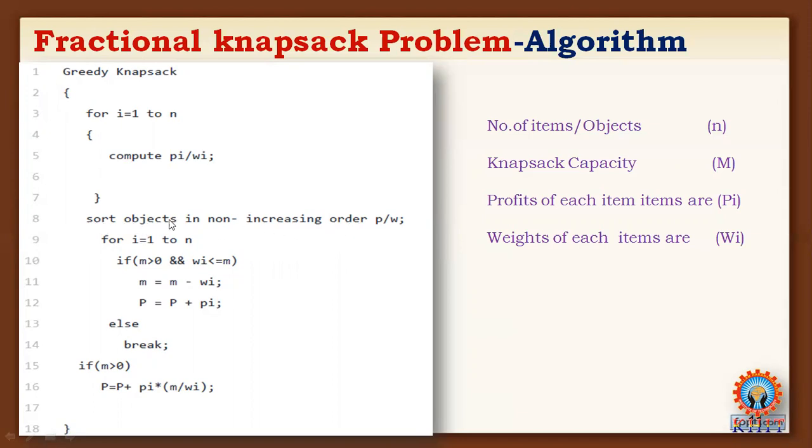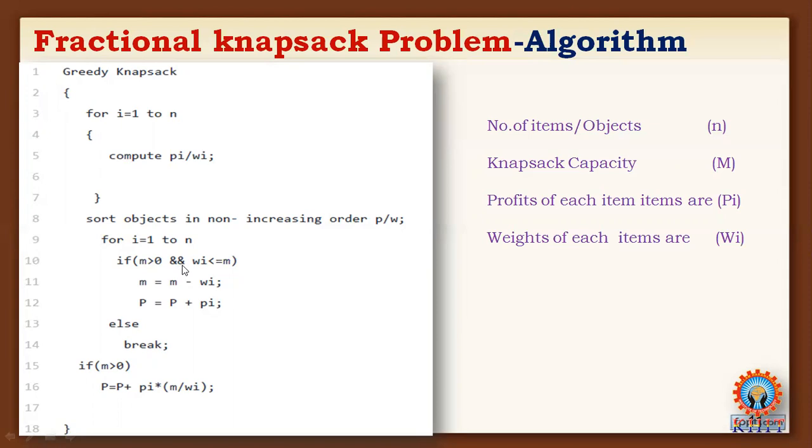Once the objects are arranged in descending order, then check whether the capacity of the knapsack is greater than 0. That means the capacity of the knapsack M is always a positive value. It should not be a negative value.